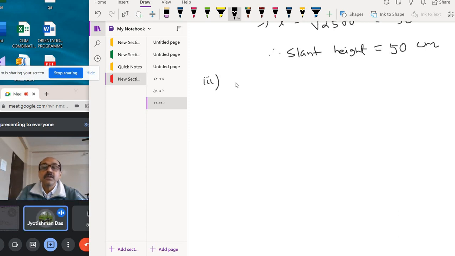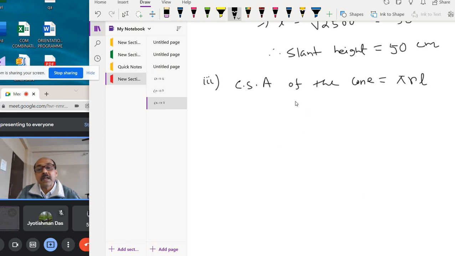Curved surface area of the cone equals pi r l, not 2 pi r, only pi r l. Pi r l equals pi is 22 by 7, radius is 14 and slant height is 50. So we need the curved surface area in centimeter square.